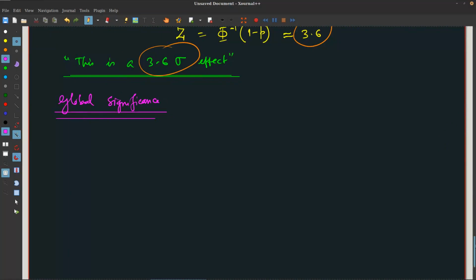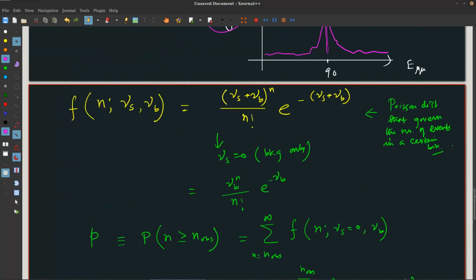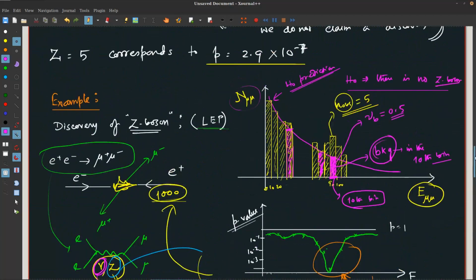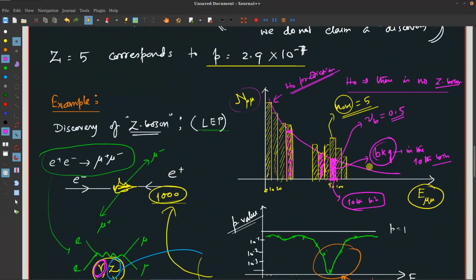So the global significance, in a way, remember, when I calculated significance, I only considered this bin, the 10th bin here, because from my visual appeal, it has the largest discrepancy with my expected background. So I am basically visually biased to pay particular focus to this bin.